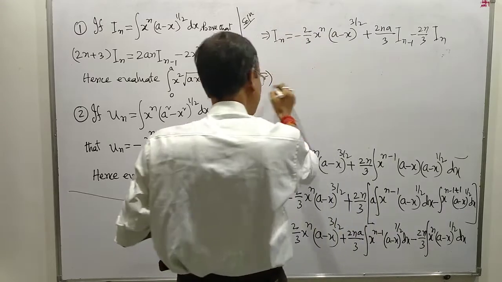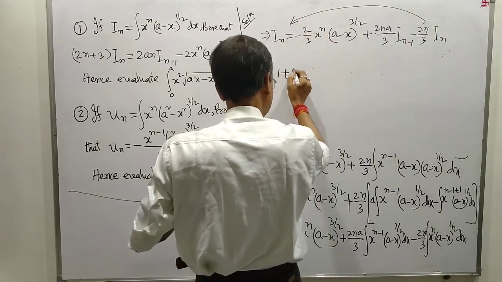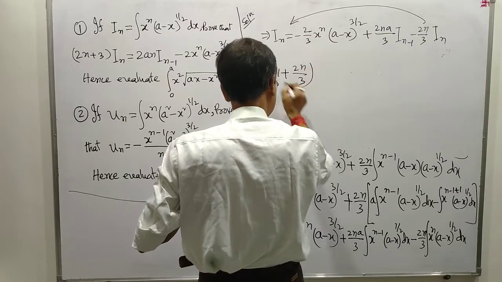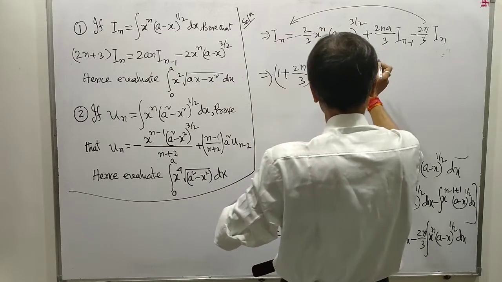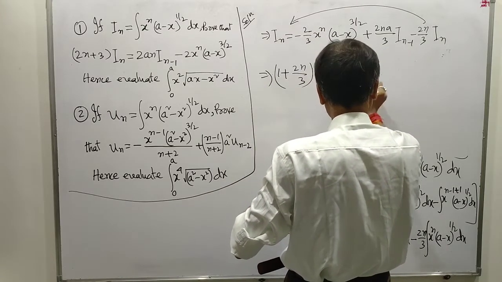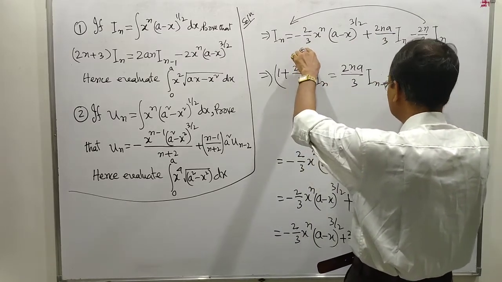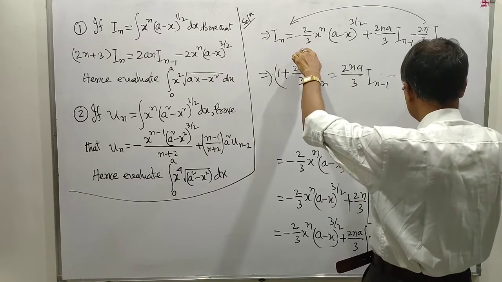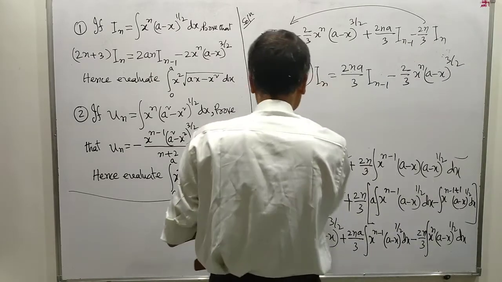This means take this to the left hand side, twice n by 3 plus I_n. This is equal to twice n a by 3 I_{n-1} minus 2 by 3 x to the power n (a minus x) whole to the power 3 by 2. You may write like this.